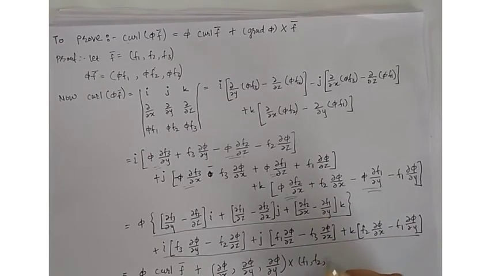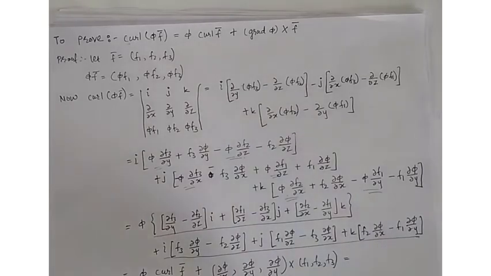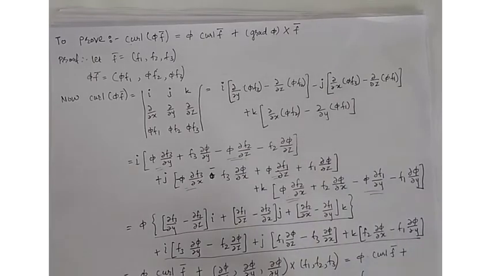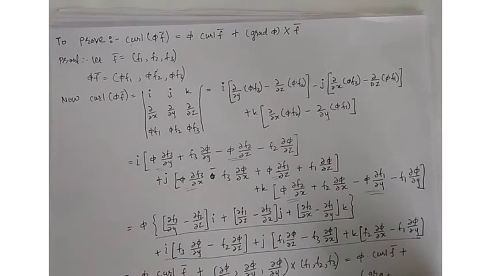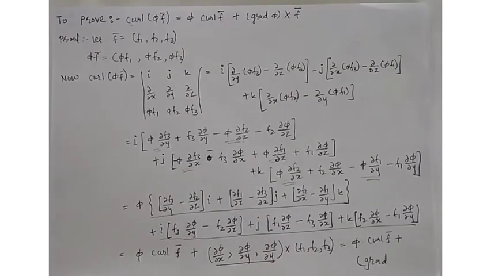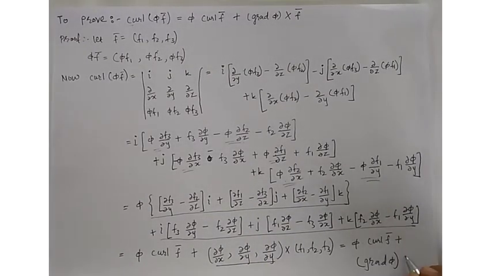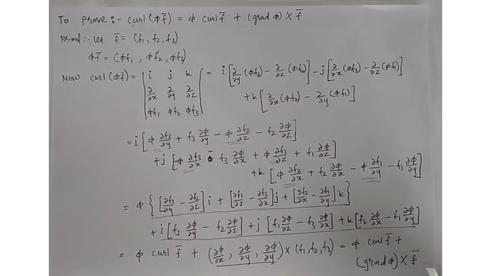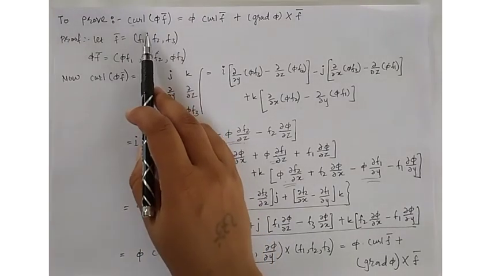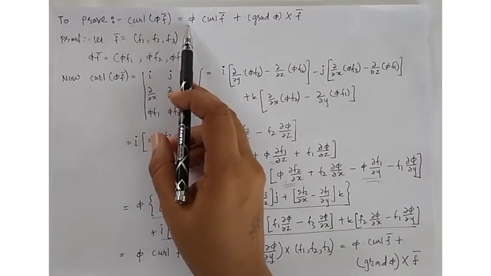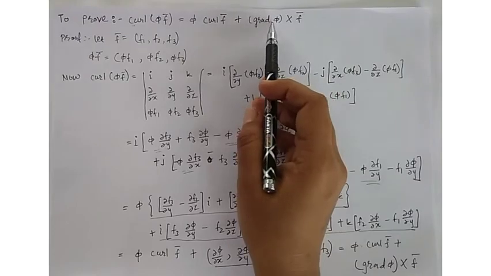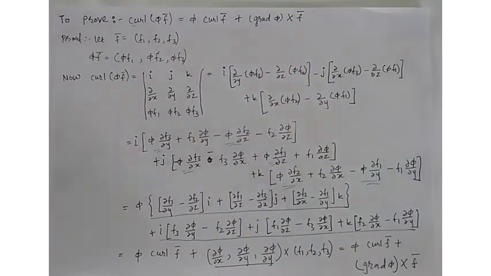So this is nothing but φ into curl f bar plus, this is the definition of gradient of φ, cross product with this, the definition of f bar. So here we have proved that the curl of φ f bar is equal to φ curl f bar plus cross product of gradient of φ and function f bar.